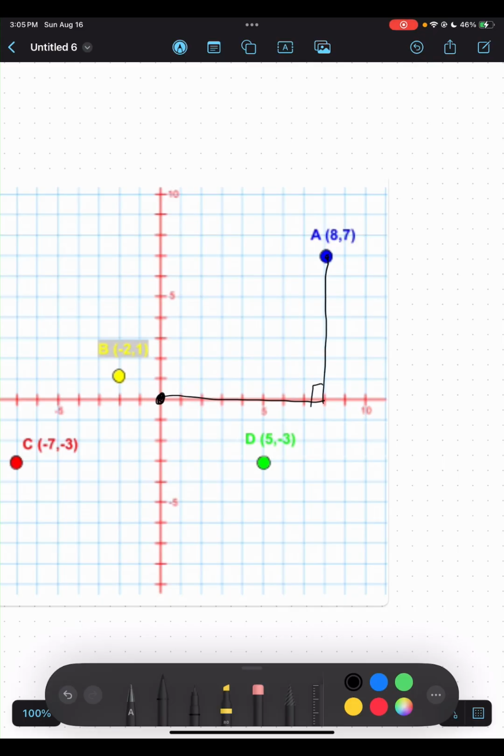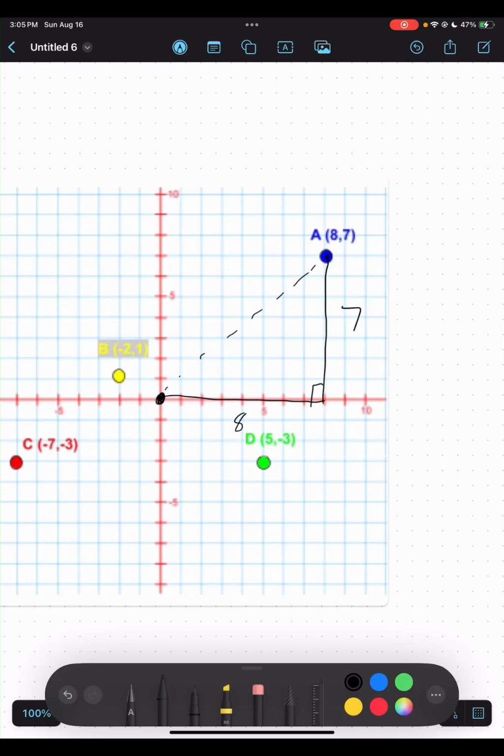Point A, we can get to as two straight lines like we said before, right? We can treat this line like part of a right triangle. We did it to point B, not from the origin. But anyway, this side is 8 units long. This side is 7 units long, right?